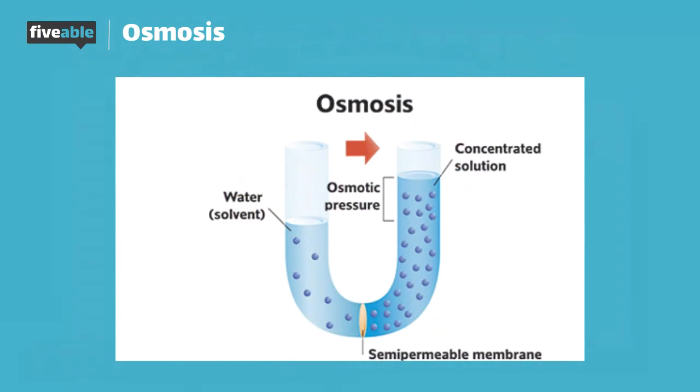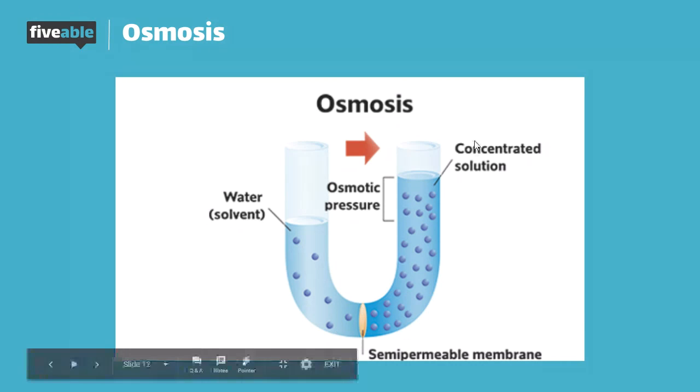Osmosis is a special type of diffusion because it only involves water molecules. You'll see this in the chart that we're going to fill out in a little bit, and we'll talk even more about osmosis because I have a few examples to show you. But water is always going to move, just like every other substance on Earth, from a higher concentration of itself to a lower concentration of itself.